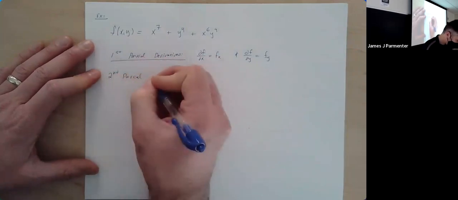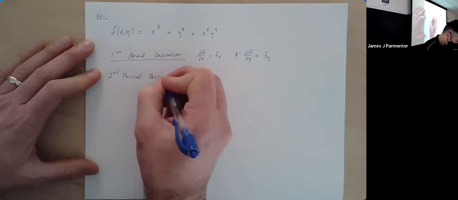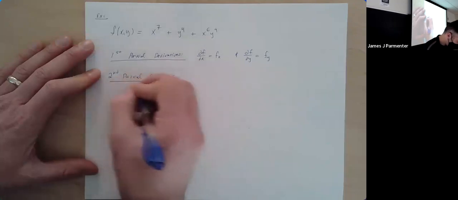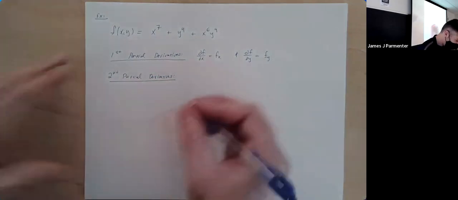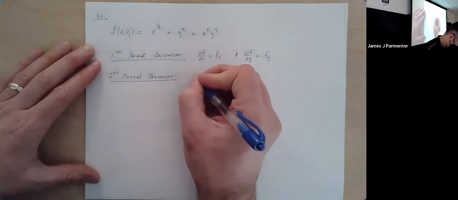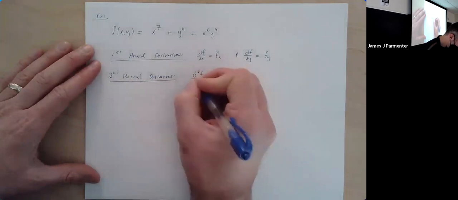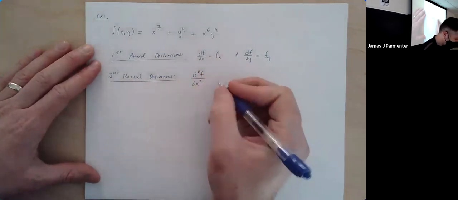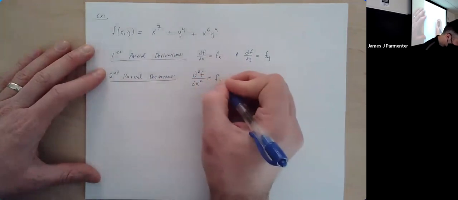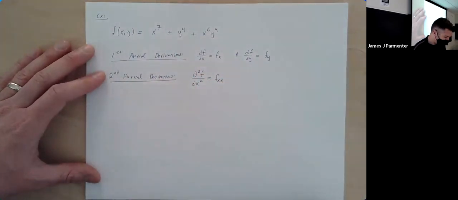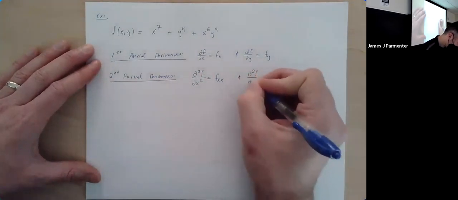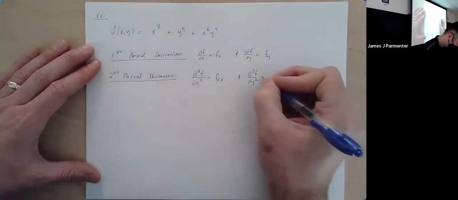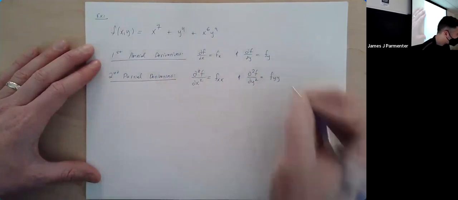When I say second partial derivatives, I kind of mean always with respect to the same variable. So for example, the second partial derivative with respect to x is going to be either del squared f del x squared, or as we might prefer to write, fxx. And similarly, del squared f del y squared, or fyy.